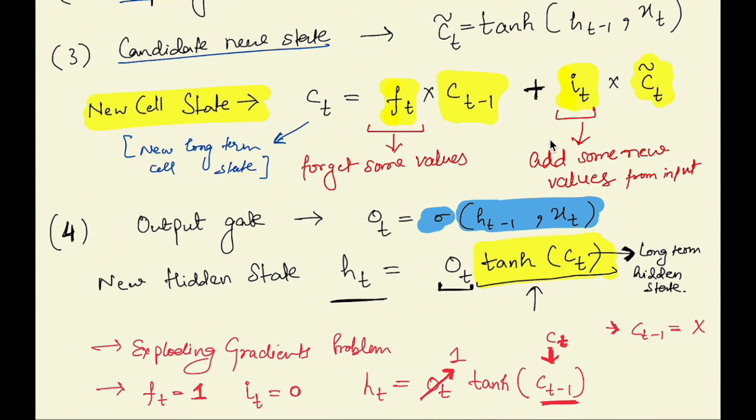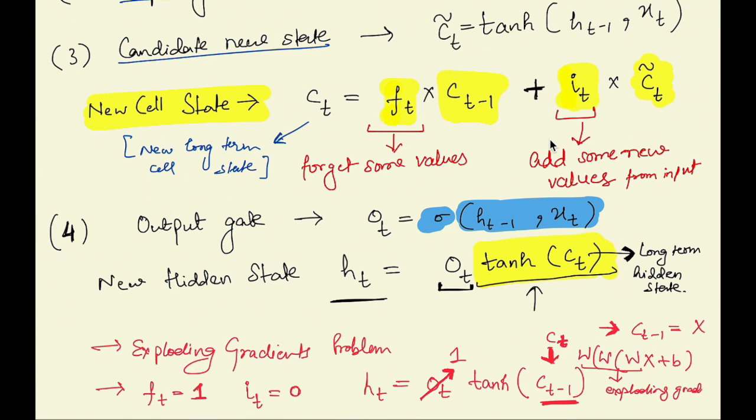Otherwise, in a vanilla RNN, you always multiply the previous state x with some weight, and then in the next step you again multiply it with some weight, and in the next step you again multiply it with some weight, and this leads to exploding or diminishing gradients.